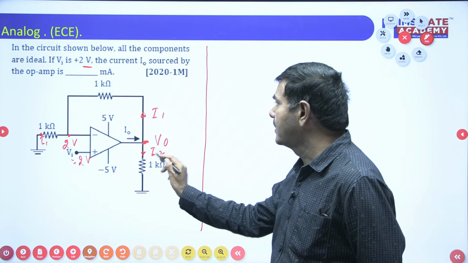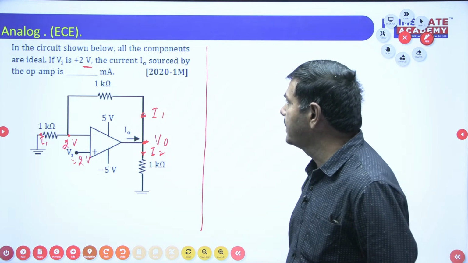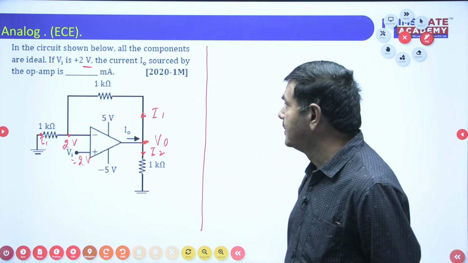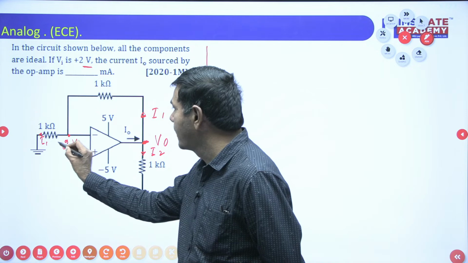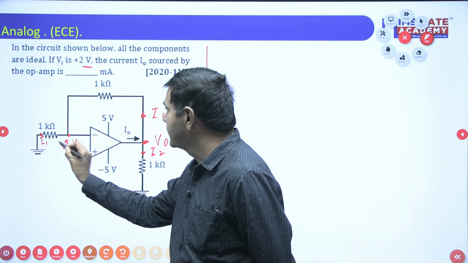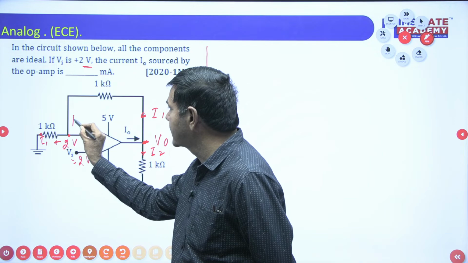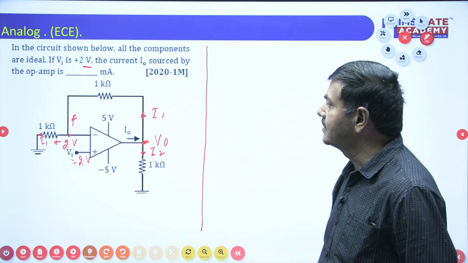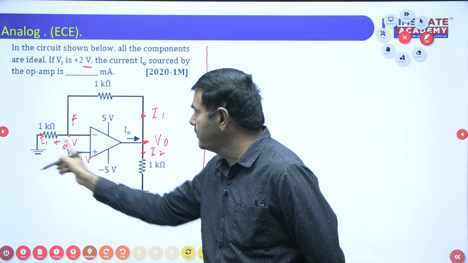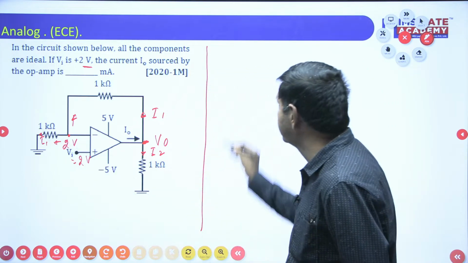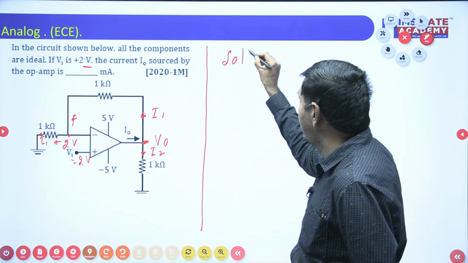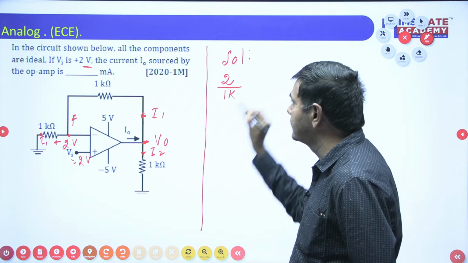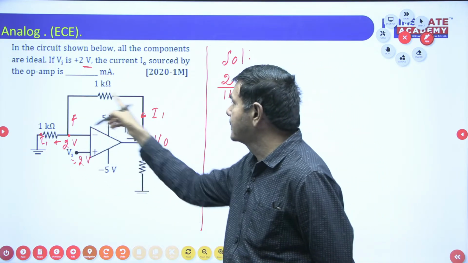What is V0? I wish to find it initially by using nodal analysis. I selected this node here. This current plus this current equal to 0, I have taken for example. To measure V0, I just applied nodal analysis. This current means 2 by 1K. What about this current?